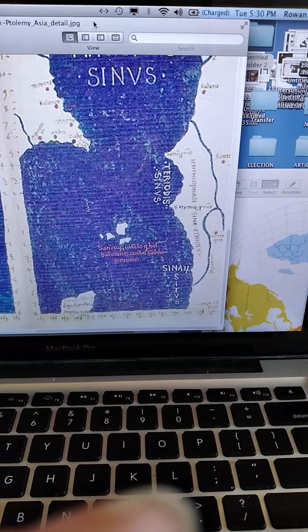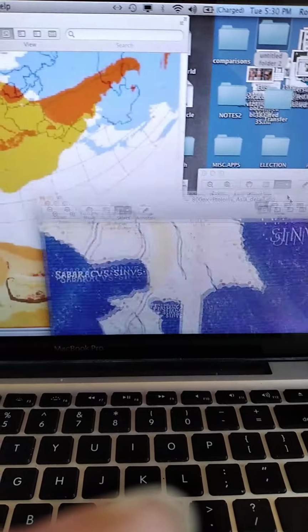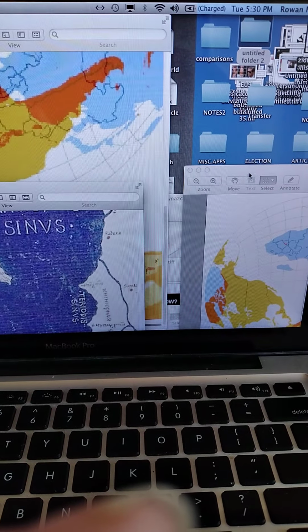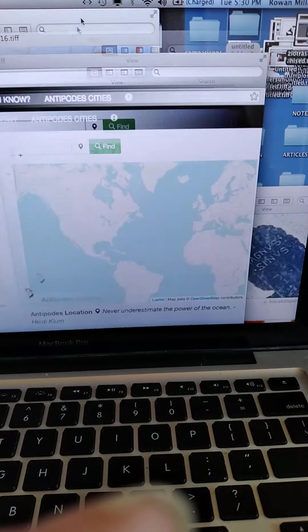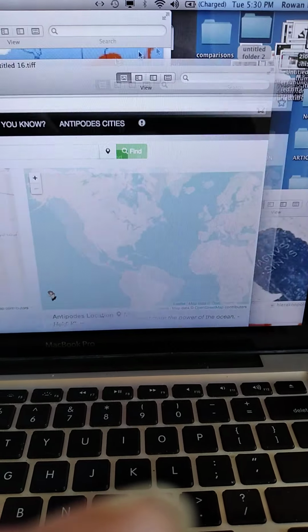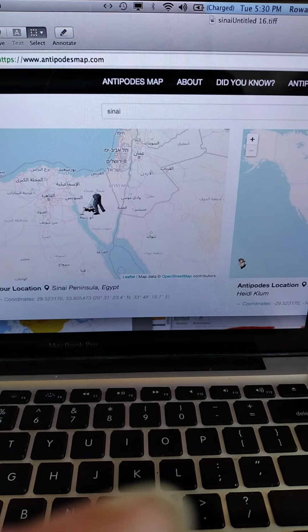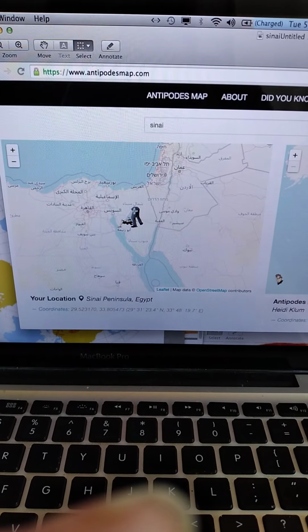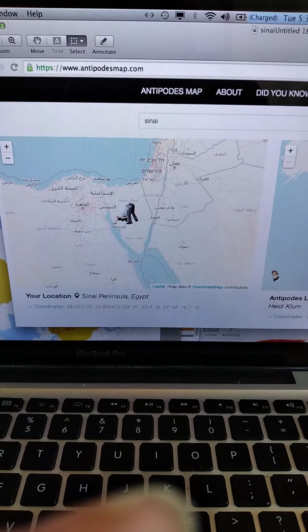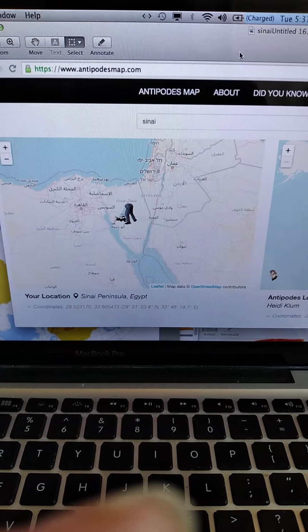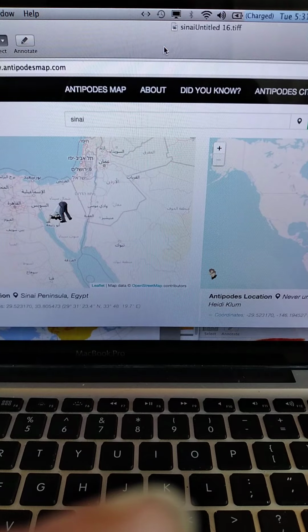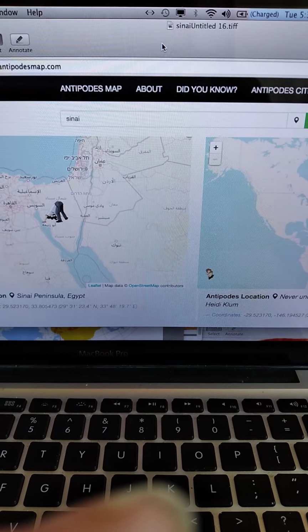So here's an interesting thing. First of all, I wanted to explain more about that map. In the actual wording of Ptolemy, he says Sinai is 12 equinoctial hours from the Islands of the Blessed.